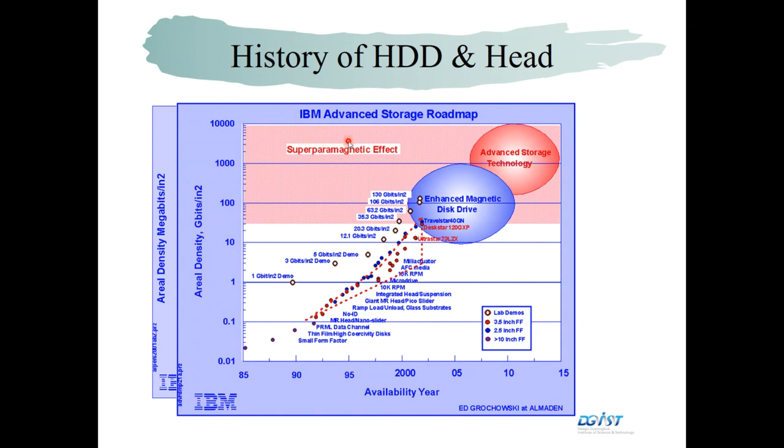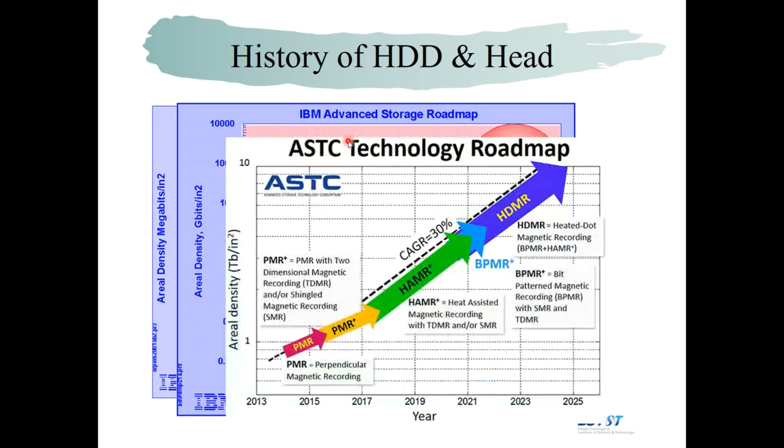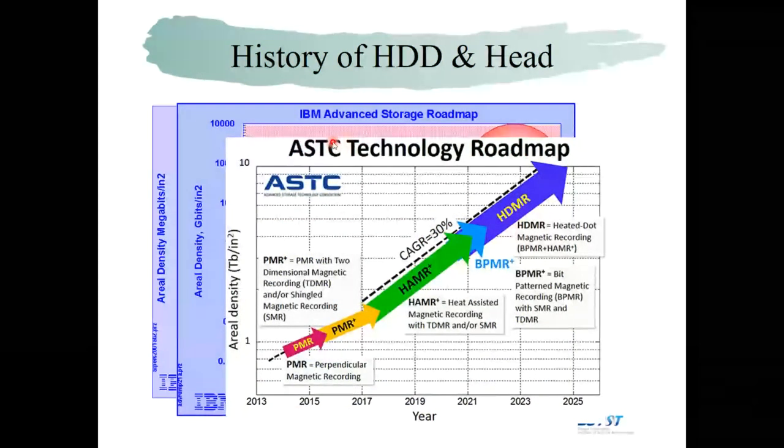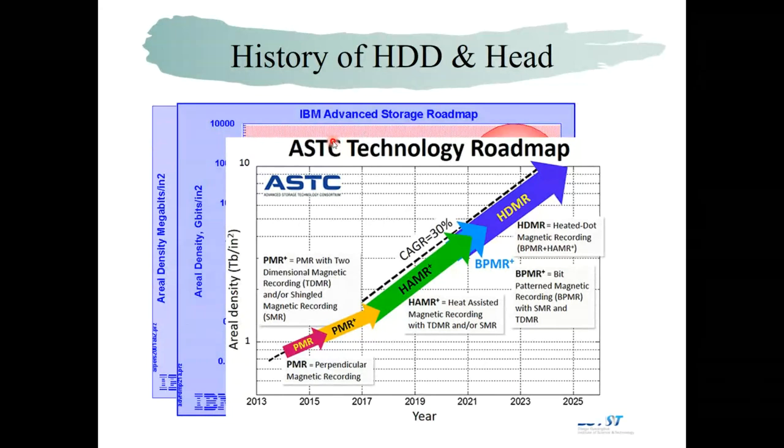But somehow the engineers and scientists overcame this limitation of magnetism by introducing new technology. So even there was some breakthrough and some change of the slopes. And the areal density is now described by terabit per inch square, not gigabit per inch square.